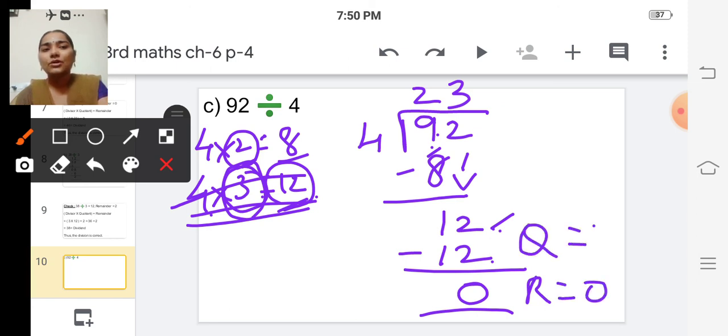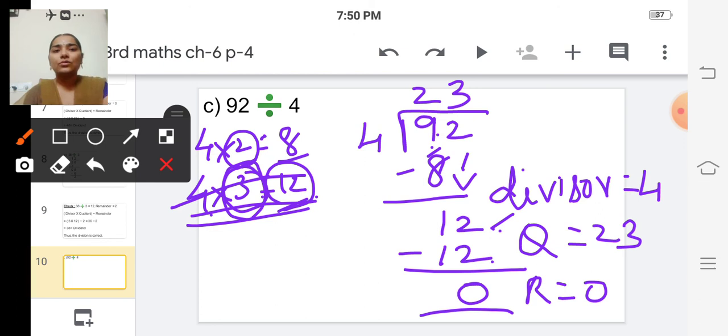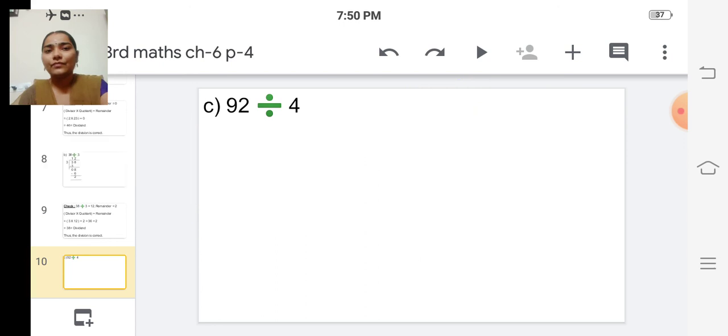The quotient is 23. The divisor is 4. Isn't it? So shall we check the division? What is the formula? Divisor into quotient plus remainder. And we should get the dividend as the answer.